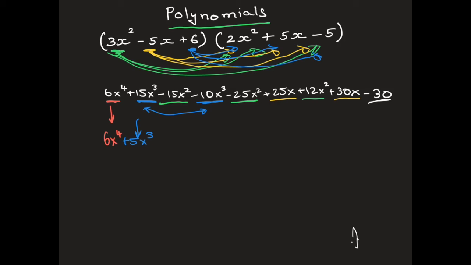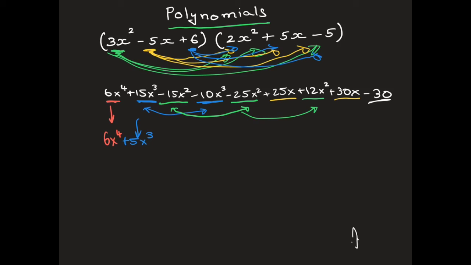Now we'll take our greens. We've got minus 15x squared, minus 25x squared, plus 12x squared. So minus 15 minus 25, that would be minus 40. So minus 40x squared plus 12.